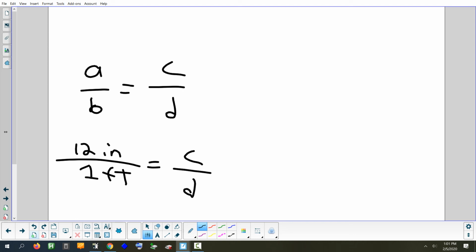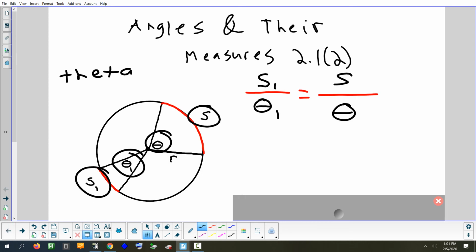You said C is 200 inches, and you want to know how many feet that is. I just throw 200 in for C, and then cross multiply. But you've got to have a fact you can fill in. So that's what we have to do in this proportion. We've got to fill part of it in, half of it. Okay? And we can leave the other half the way it is.